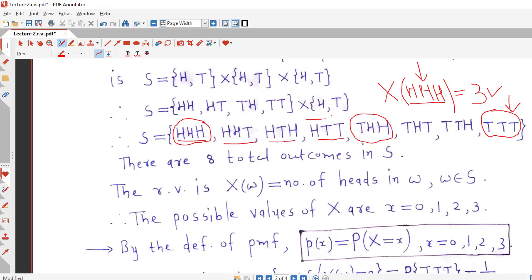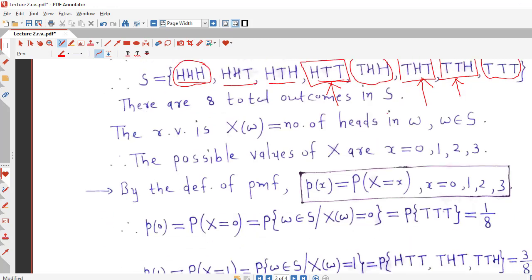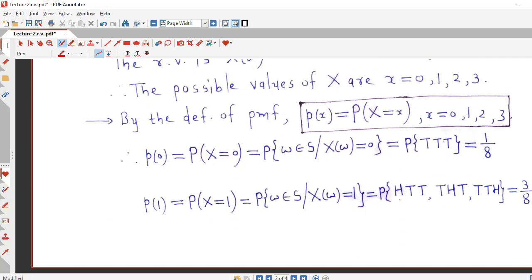In this outcome we have only one head, there are 2 heads here, and in this outcome there is only one head, and this is also an outcome with only one head. So the outcomes with only one head are indicated by this arrow. There are 3 outcomes in favor of this event, so the probability of this event is 3 by 8.